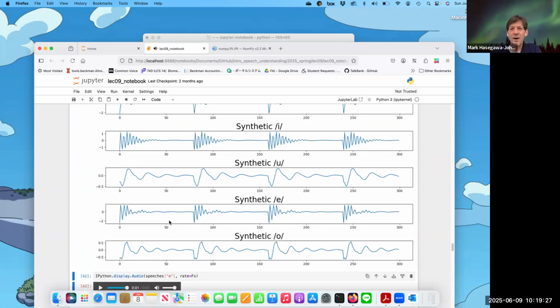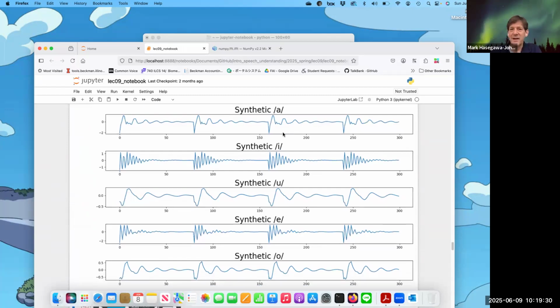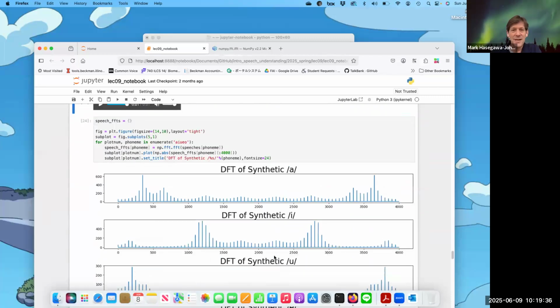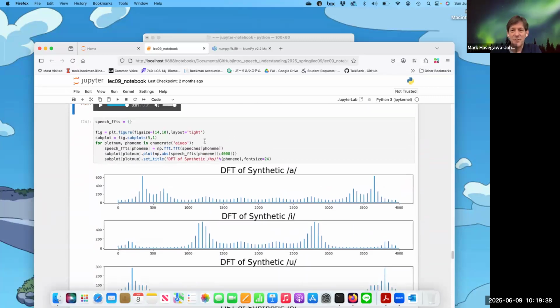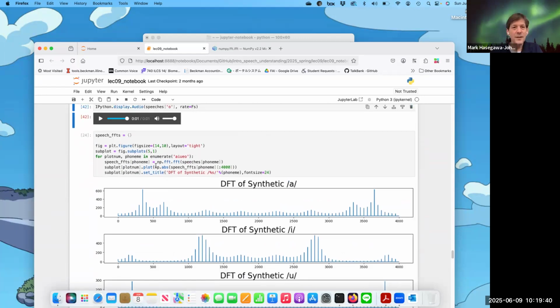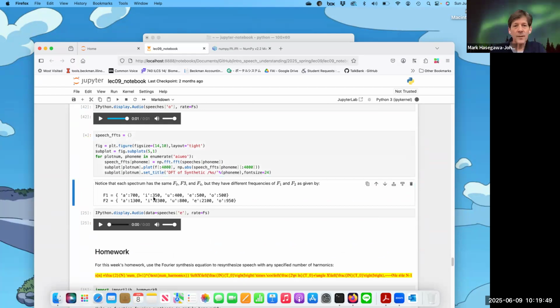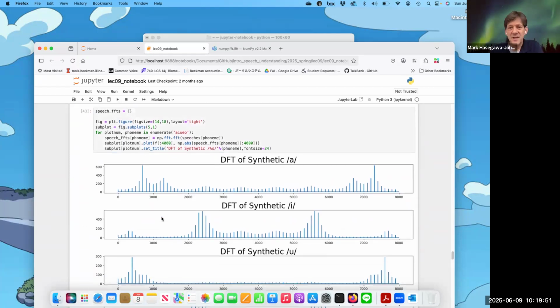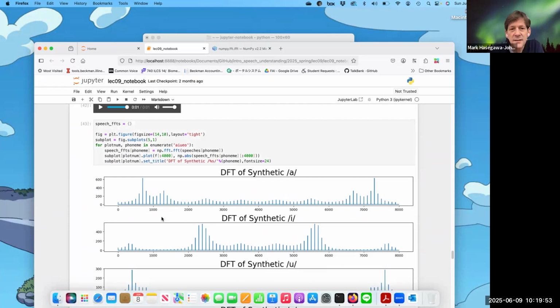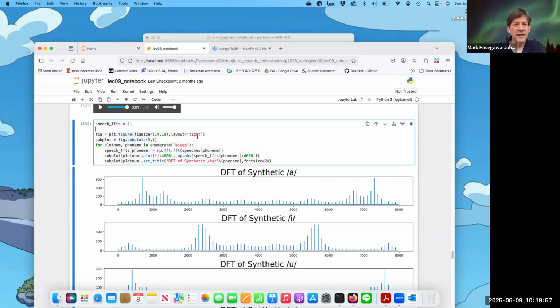All right, so we have our 5 basic synthetic vowels, e, u, a, and o. We've added together all of the harmonics in order to create those vowels. Now let's plot the FFTs of all of those. I'm going to plot the FFT. I've got the wrong length signal again here. Let's see.